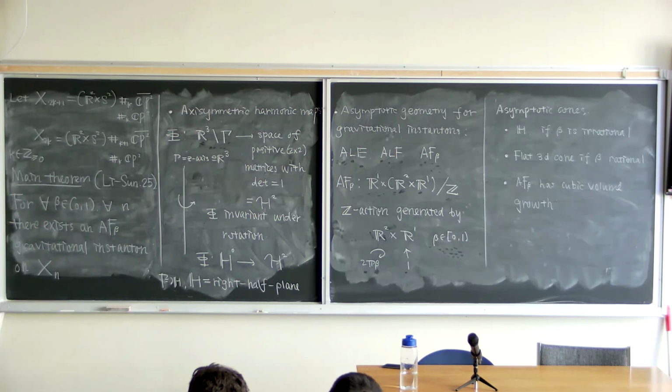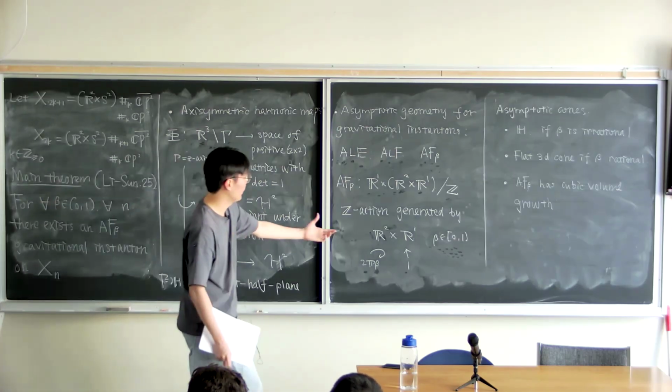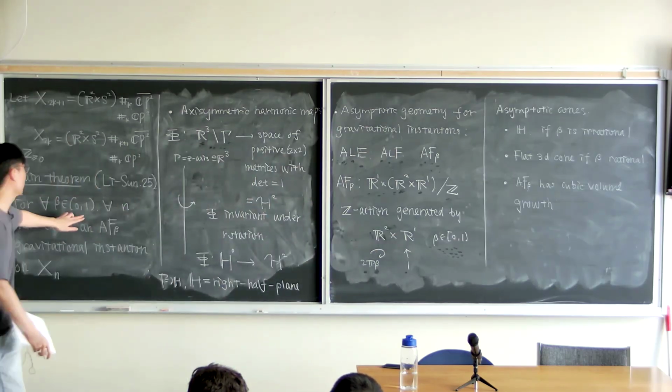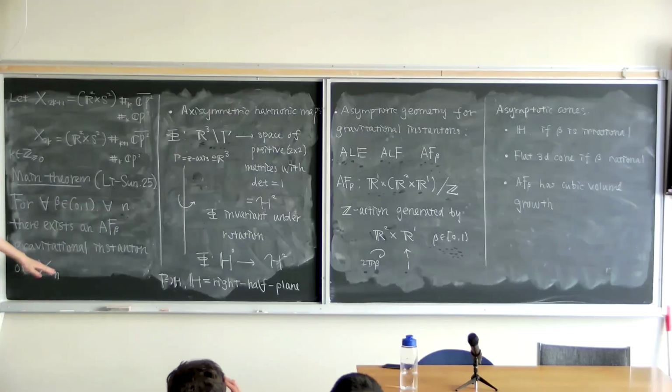So that's our theorem. We have the parameter beta here. So for any beta between 0 and 1, and for any integer n, you always have an AF beta gravitational instanton on X_n. Basically, just some Ricci-flat metric.